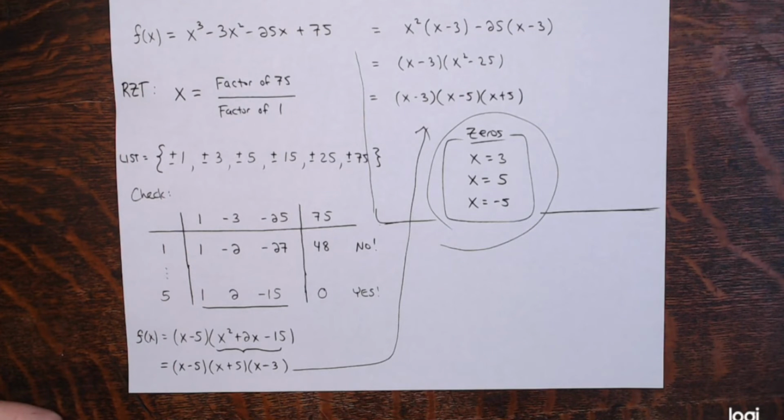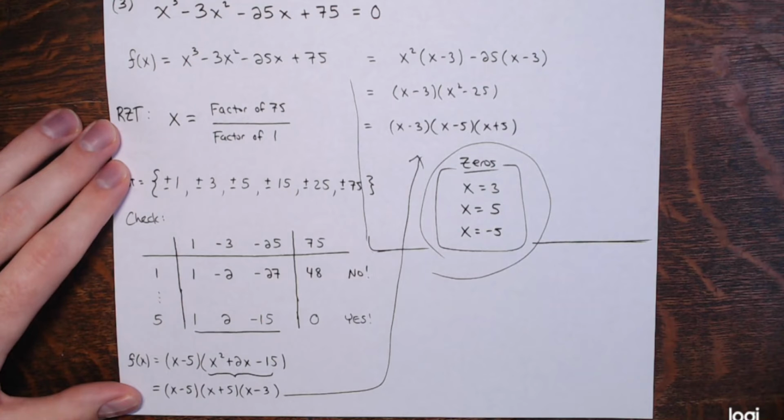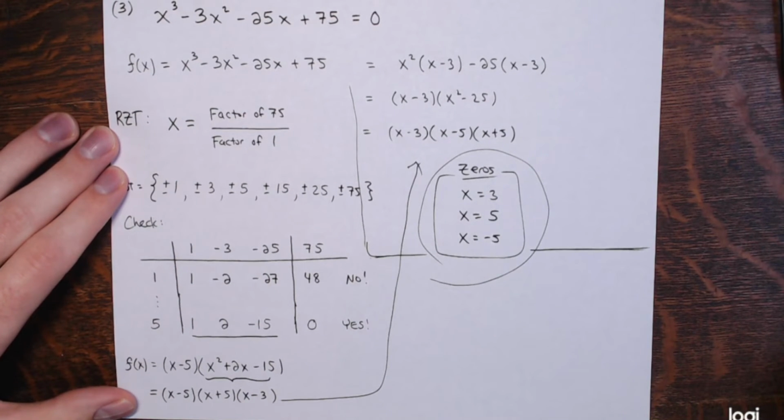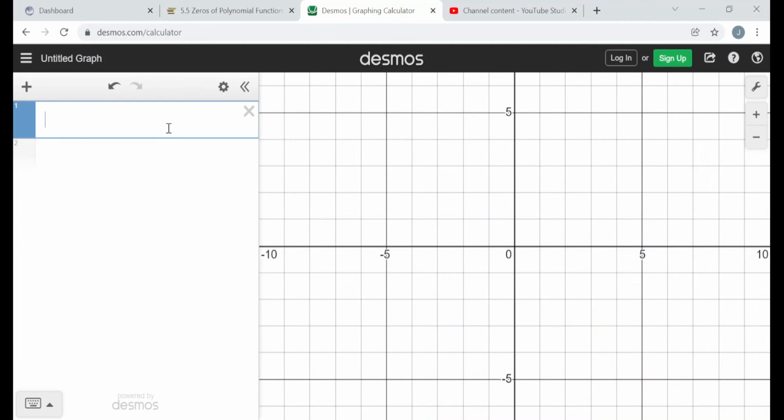So these should also be showing up when you graph. The graph should be crossing the x-axis at these values. And let's see that happening. Do a triple check. All right. So instead of putting in f of x, nice thing about Desmos is if you have a function that depends on just x, you can just type in the expression and it assumes it's a function and puts the graph in. So I can just type in the polynomial.